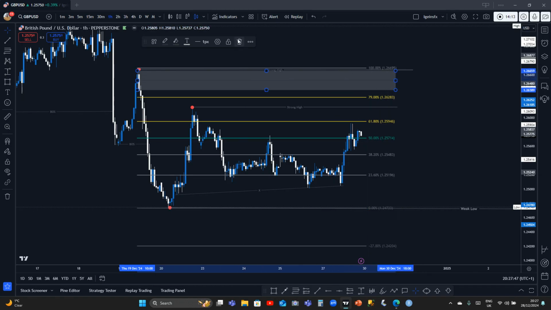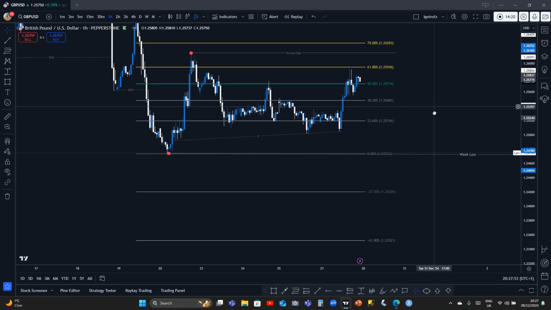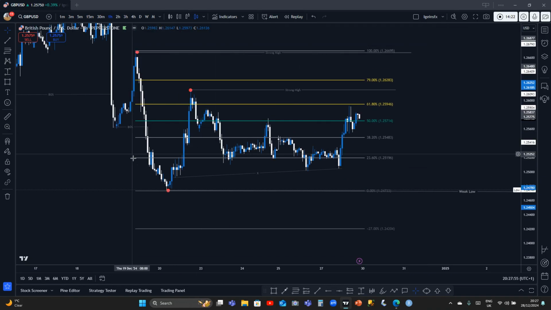But sometimes price does not get to this level again before it resumes the underlying trend. It has already created a high. So the worst case scenario is that price action will push from here and get to this 79%, then it resumes the underlying trend.